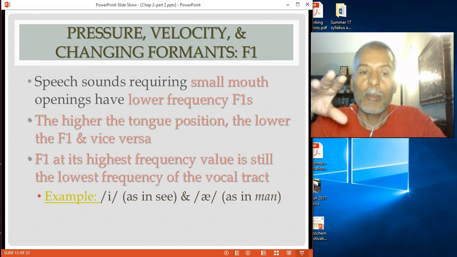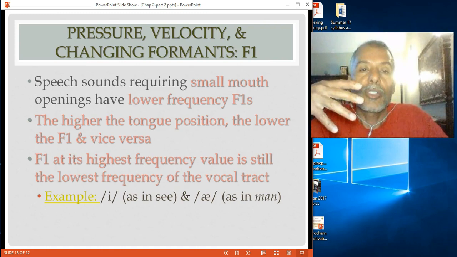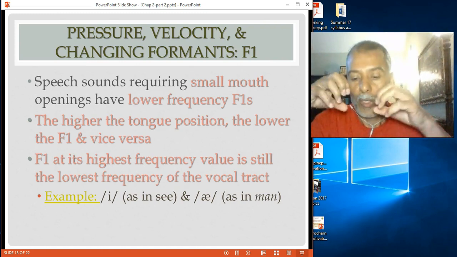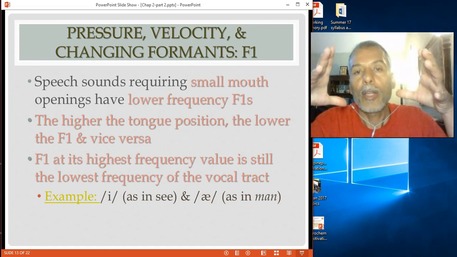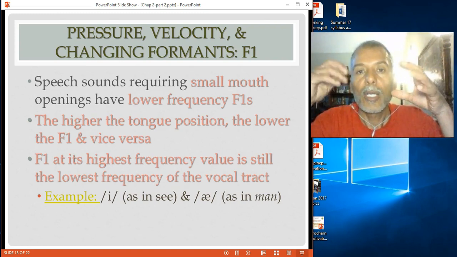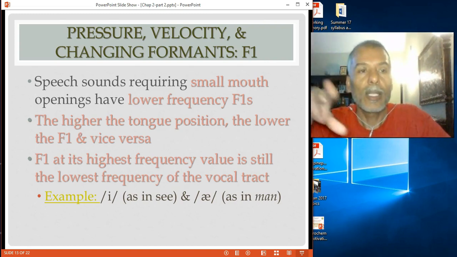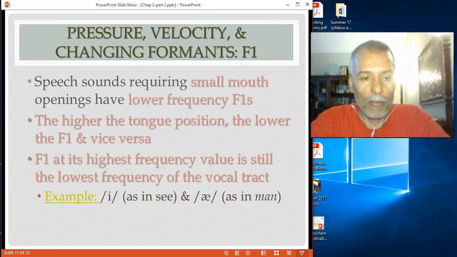Again, I'm going to give you some examples where it is all about space. If you understand that the greater the volume of air, the greater the space, the lower the frequency, and the smaller the space, the higher the frequency, then you can figure out many of the questions.